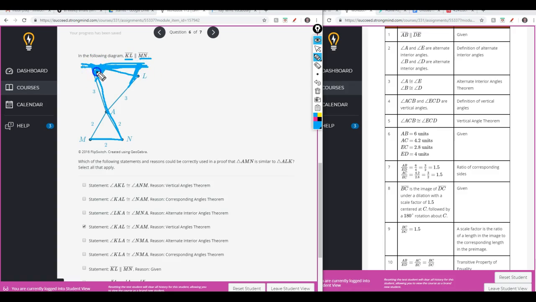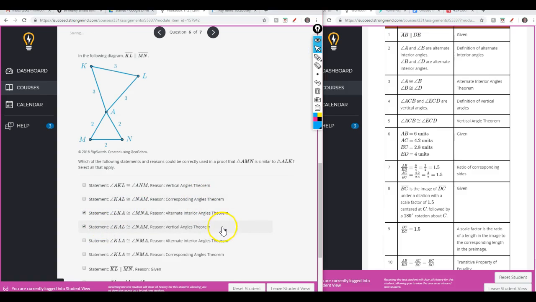So it's this angle comparing to this angle, and it says that they're alternate interior angles, so are they on opposite sides of this transversal? This angle is on the left-hand side, and this angle is on the right-hand side, so they're alternate. And are they between the parallel lines? Yes, they are, so they are alternate interior angles. So that statement is correct as well.